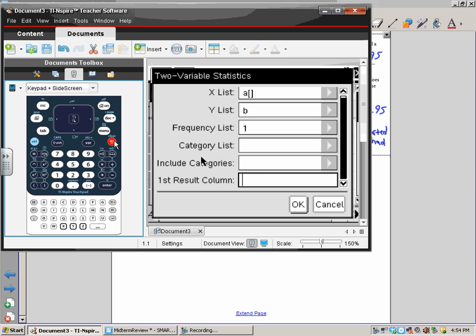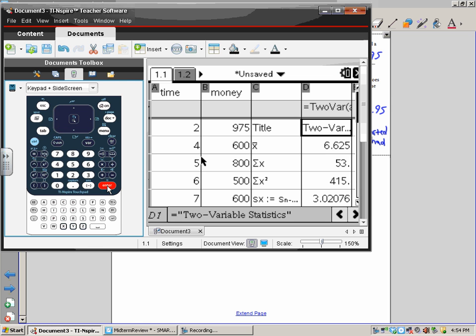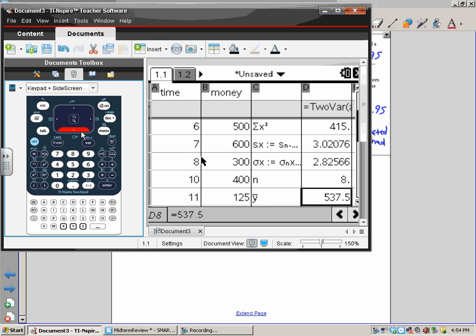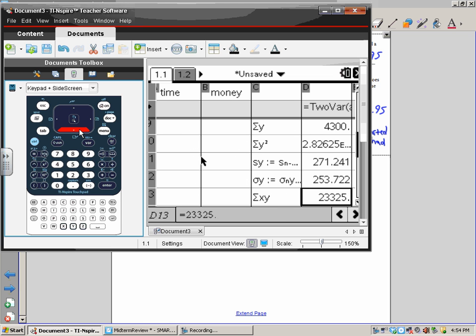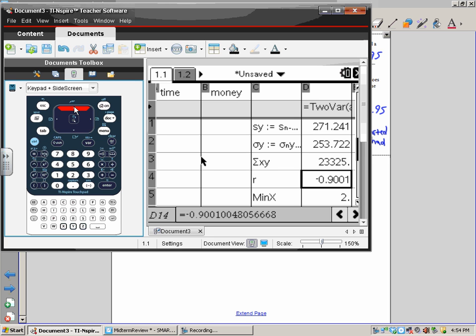We want the statistics to appear in column C so it doesn't overwrite something we already have. Press OK. And so now we're looking for the R value. And you can see right there, R is -0.9.